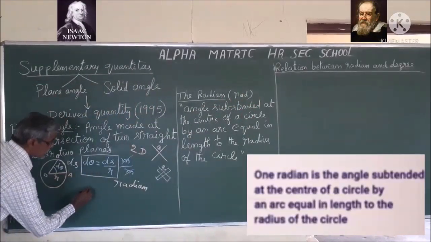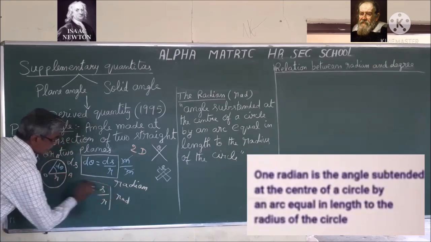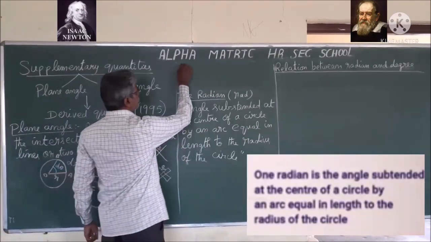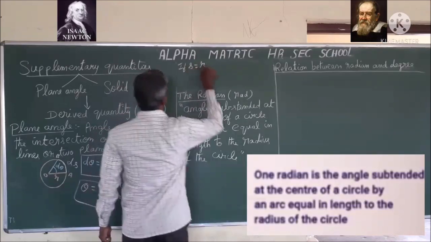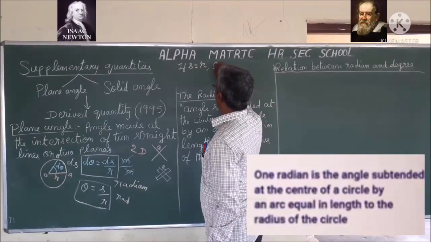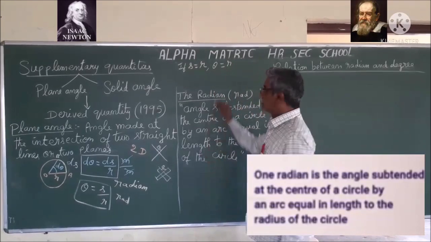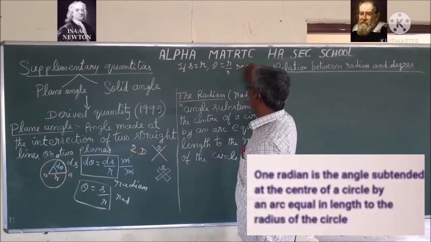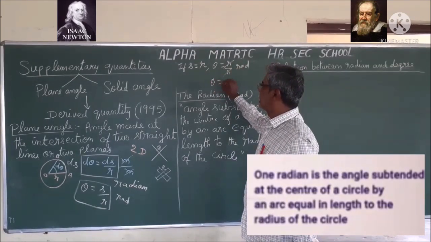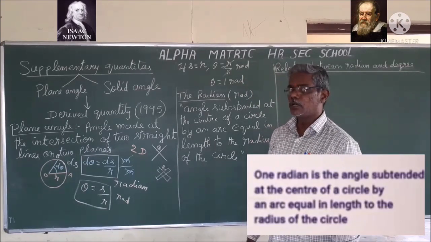So I can rewrite this as theta is equal to s by r radian. If s is equal to r, then theta is equal to r divided by r radian. This r and r cancel, so theta is equal to 1 radian.